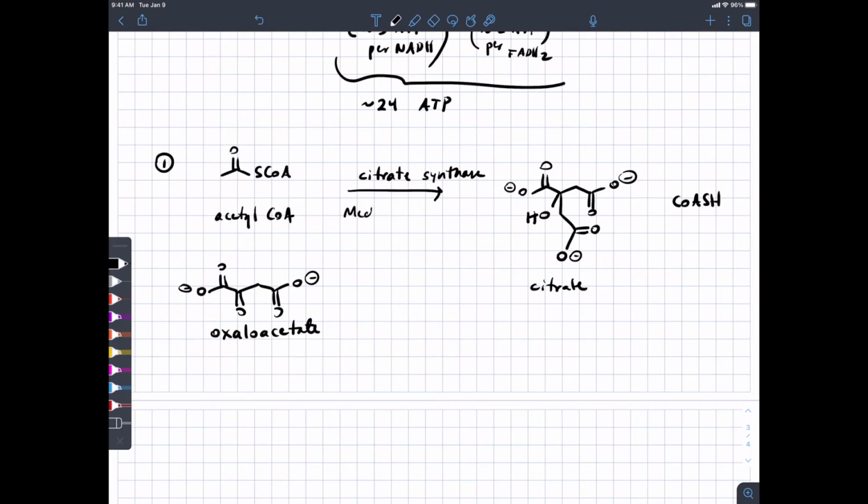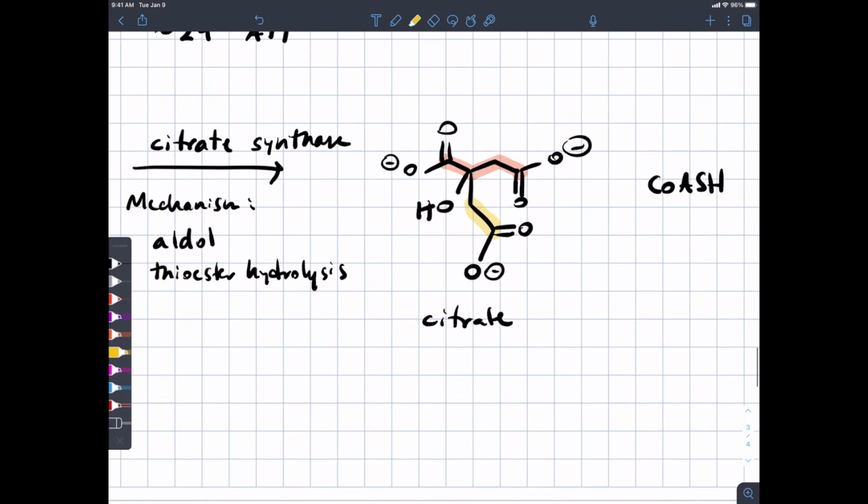The mechanism is basically going to be aldol reaction followed by thioester hydrolysis. Now notice that here are our 4 carbons from oxaloacetate, and you can think of those as ending up there. And then here are our 2 carbons from acetyl-CoA, and you can think of those as ending up there. Okay? However, notice that citrate is achiral.